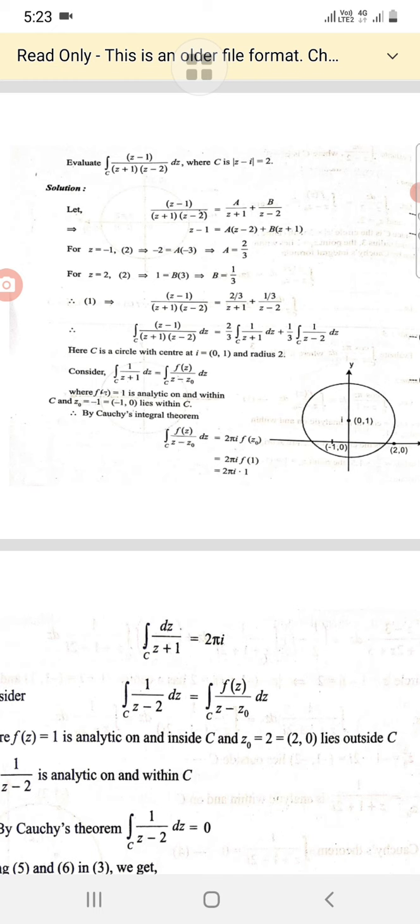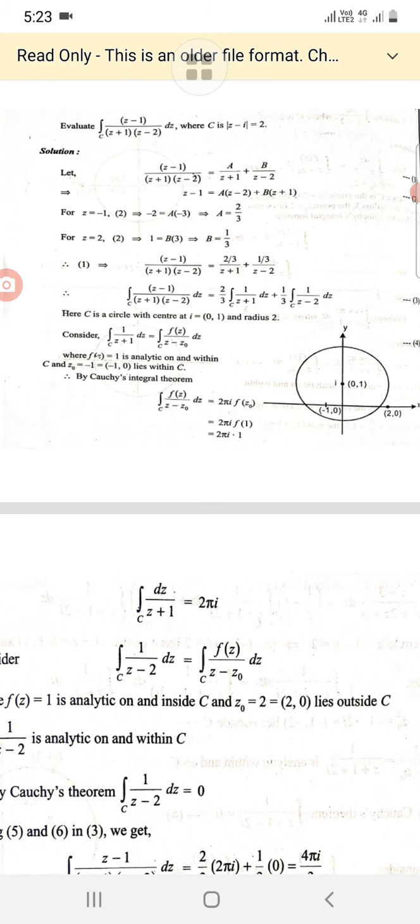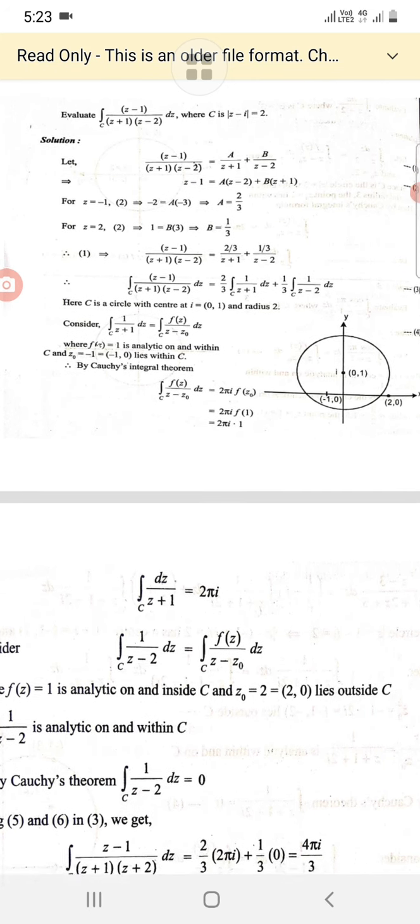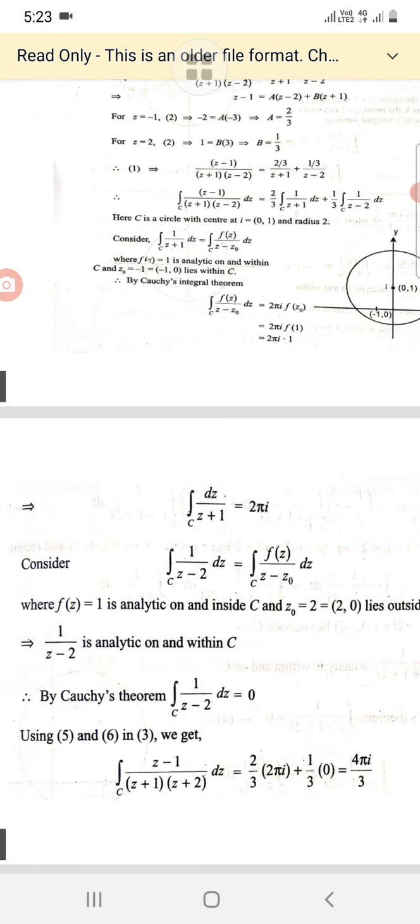By using Cauchy's integral theorem, the integral is equal to 2 pi i into f of z naught, that is 2 pi i into f of minus 1, and the value is equal to 1. Therefore, the integral over C of dz divided by z plus 1 is equal to 2 pi i.